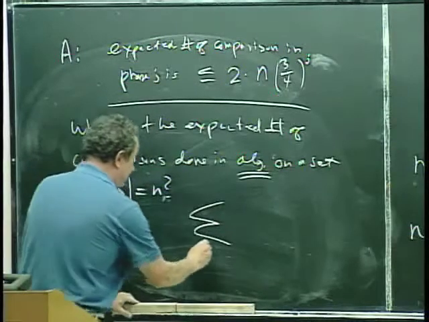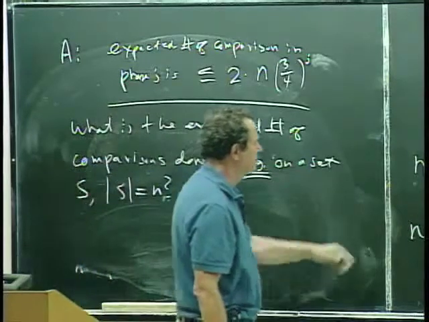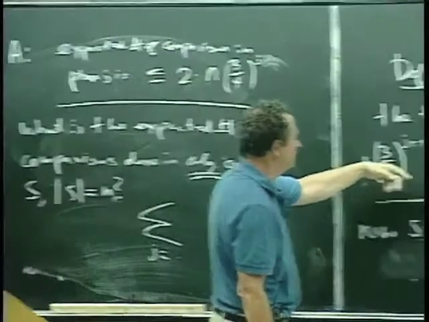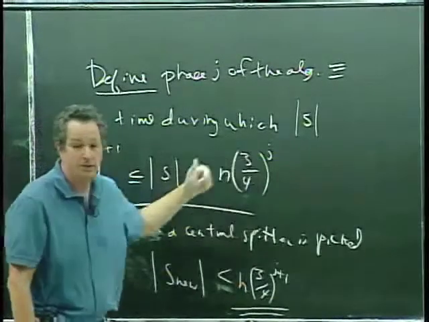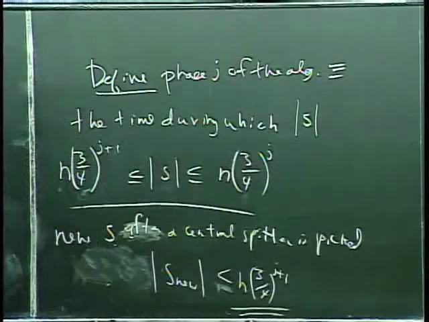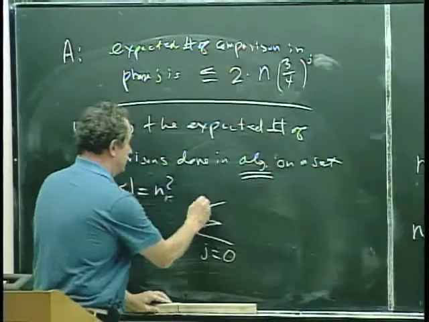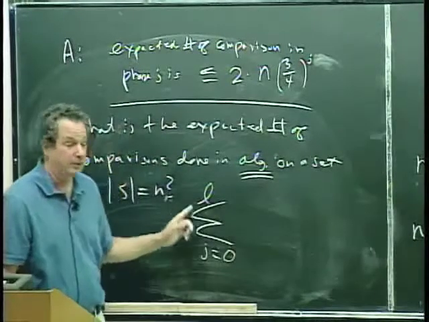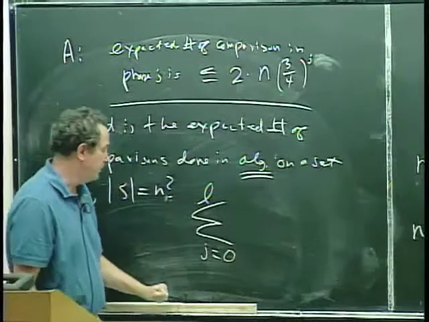Okay? So what phase do we begin in, by the way? 0, yeah, it should be 0 because 3 quarters to the 0 is 1. All right, so j starts out at 0, and we'll just denote the last one by L at the moment. I don't know what that's going to be. We'll figure that out, or maybe we won't need to.